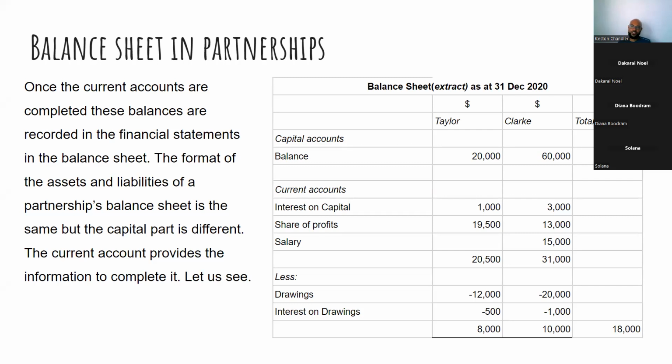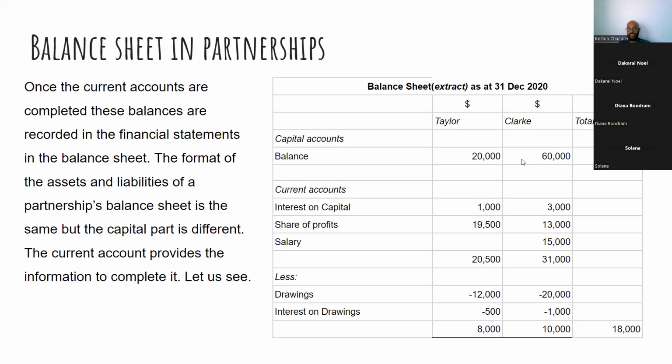I'm still going to write fixed assets and current assets, subtract current liabilities to get working capital, add the working capital to fixed assets to give you your net assets, subtract your long-term liabilities, and that's the whole top part of the balance sheet in a nutshell. It's the same. The capital area now is a bit different. Now we're going to have to split those columns up to account for the partners. Because now we're going to have two partners, Taylor and Clark.